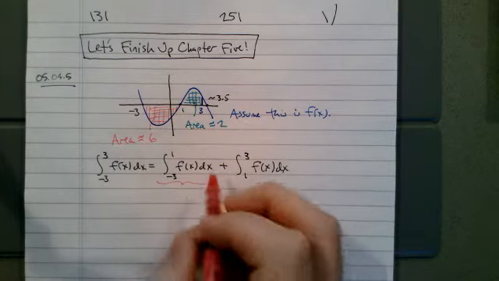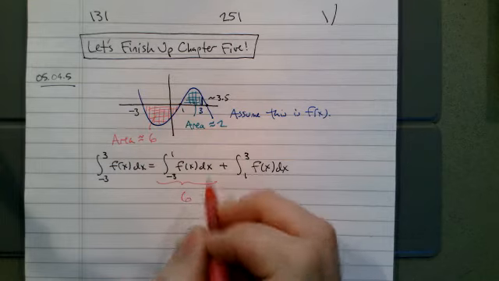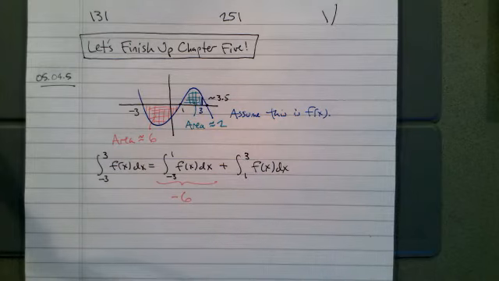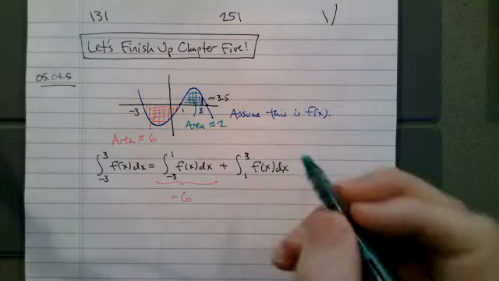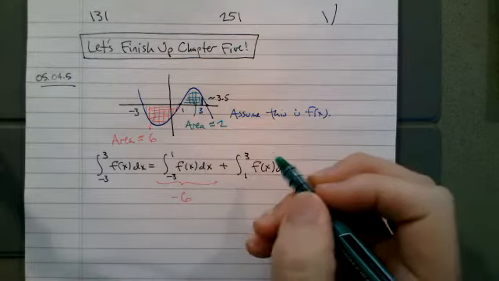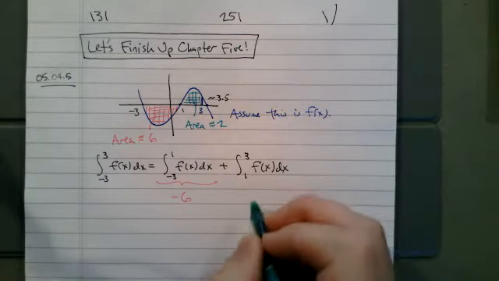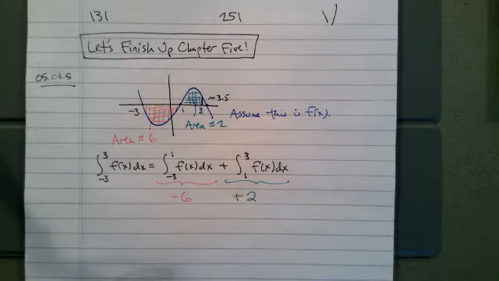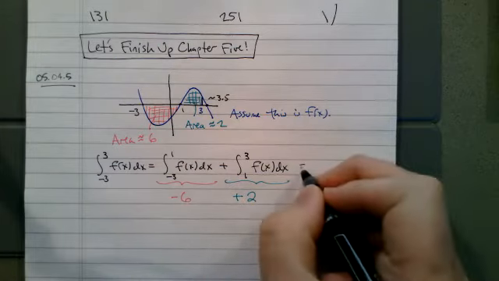And this area is 6, but since it's below the x-axis, this definite integral will be a -6. Then the integral from 1 to 3 of the function will be the area above, which will be a +2. So that's how we get the integral from -3 to 3 to be equal to -4.